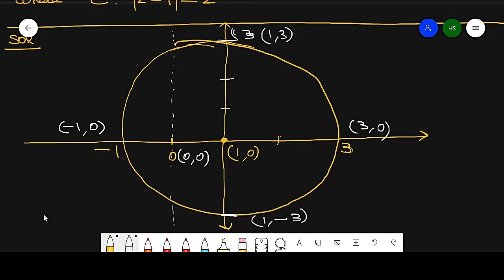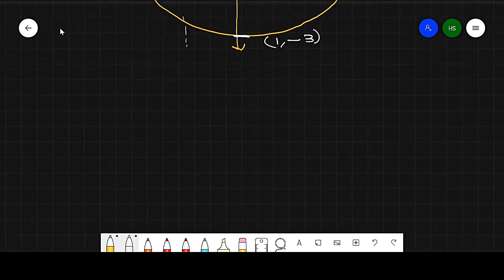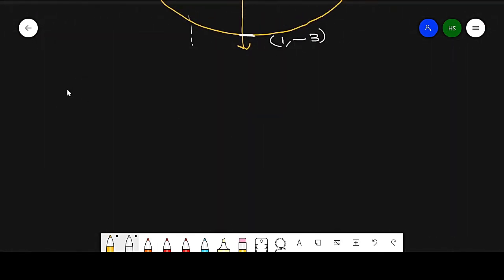Now first check our function. What is f(z)? Understand very carefully: 1 over z square into sine hyperbolic z.